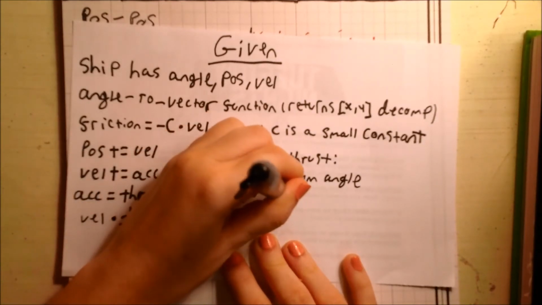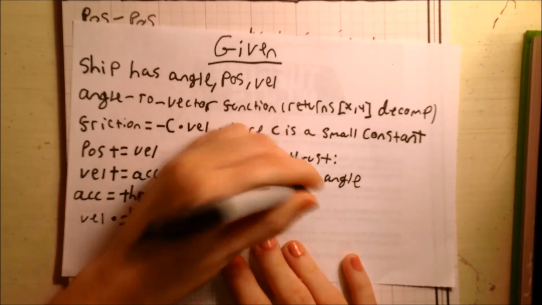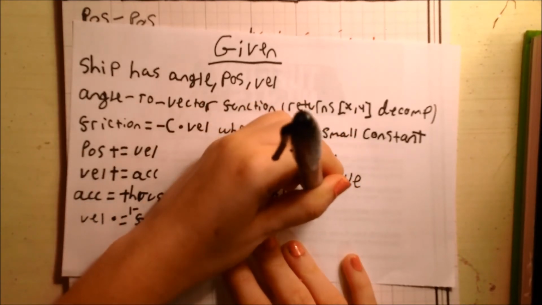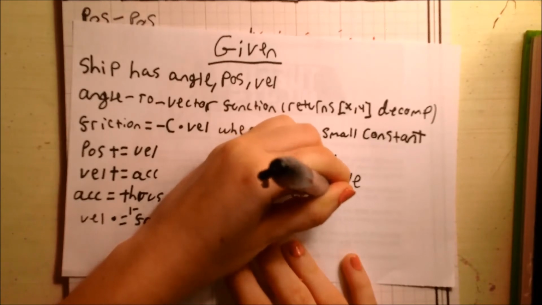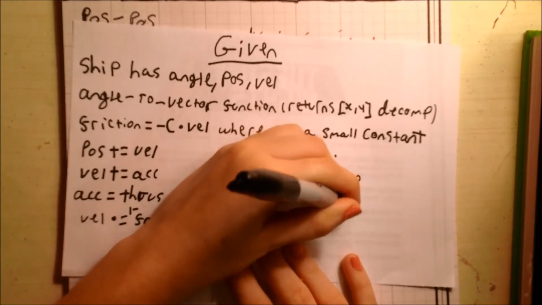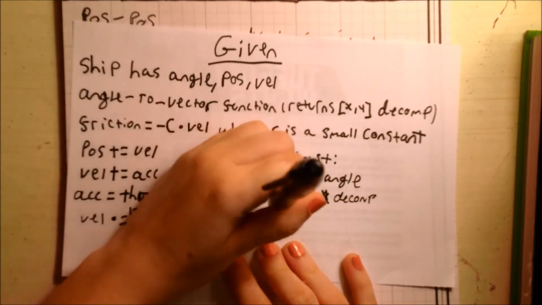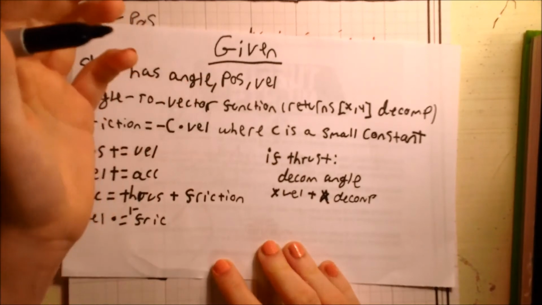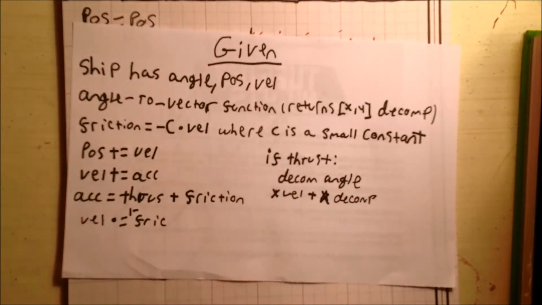Then you're going to want to add the x velocity to the x component of the decomp, and then do that for y too. So this actually is very, very simple.